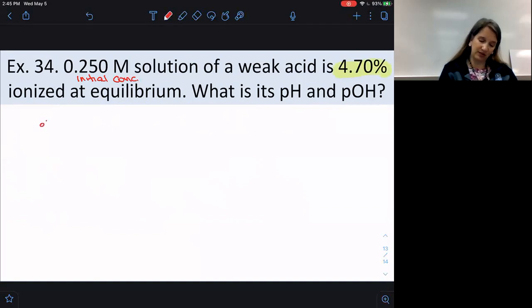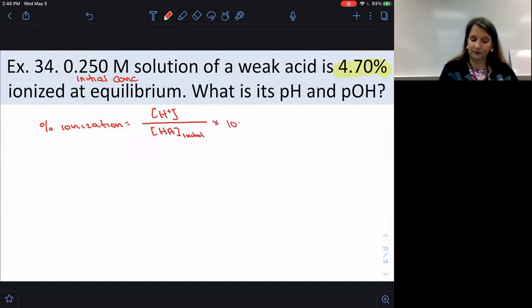So remember, the percent ionization is going to be equal to the concentration of the hydrogen ions divided by the initial concentration of our acid. So I'm going to just put initial concentration of our acid here. We don't know what acid it is because it just says a weak acid.